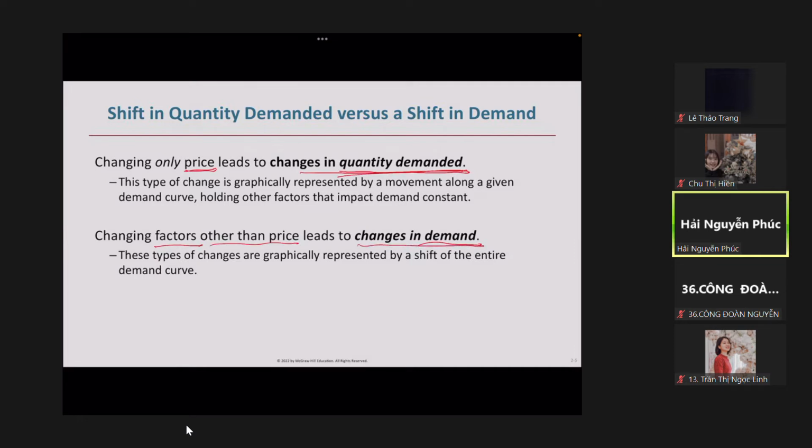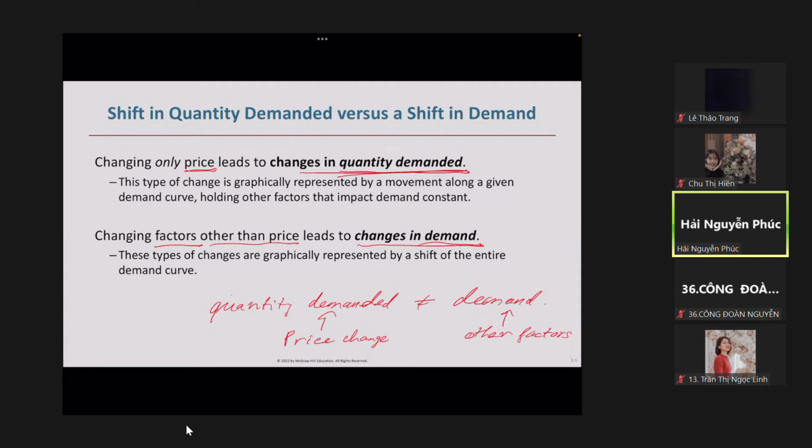Okay, so pay attention to the fact that we have quantity demanded, which is slightly different from the concept of demand. The price change will lead to a change in quantity demanded, and all other factors will lead to a change in demand.